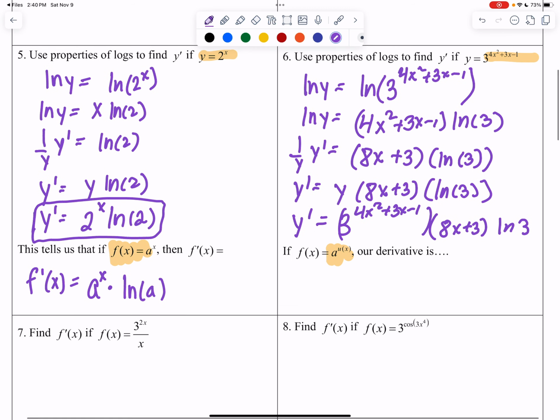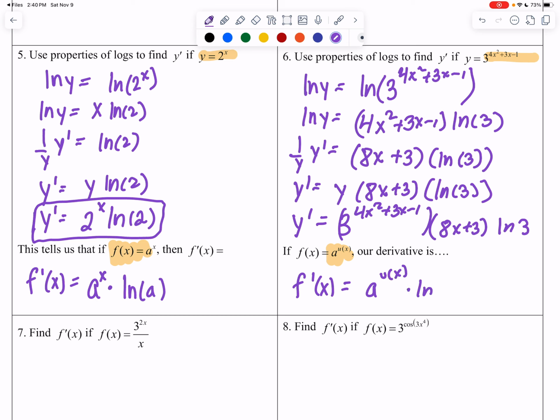Same thing with number 6. We're going to have a to your function times ln of a. But then remember that we have to use chain. So that's how we got the 8x plus 3, which means that we're going to have u prime of x, whatever that is right there, using our good old chain.